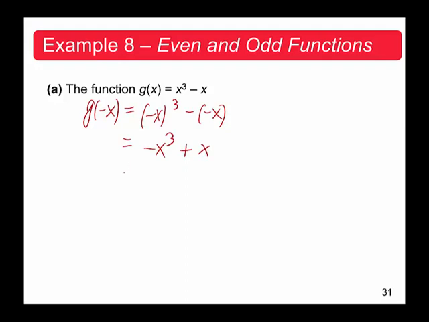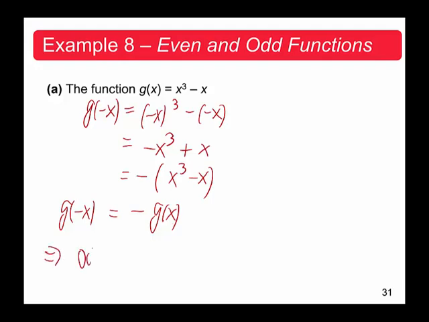If you factor out the negative, you're going to get negative of x cubed minus x, and we know this is g of x. So g of negative x equals negative g of x. According to the definition of the odd function, this is definitely an odd function. So we determine this is an odd function.